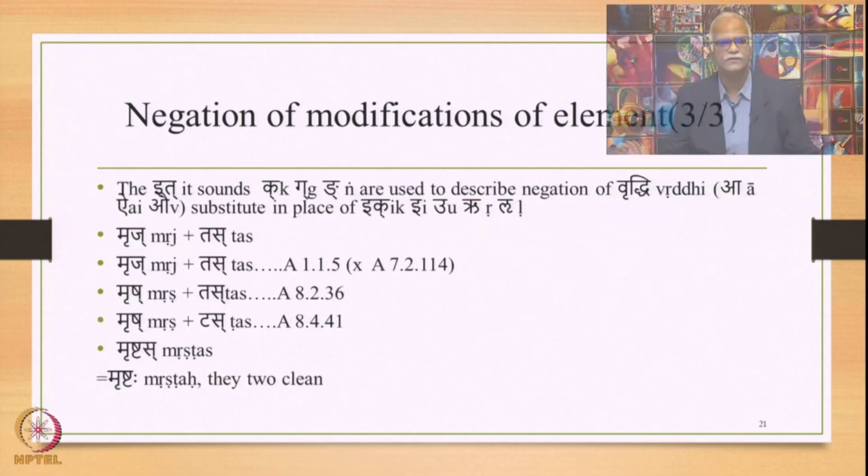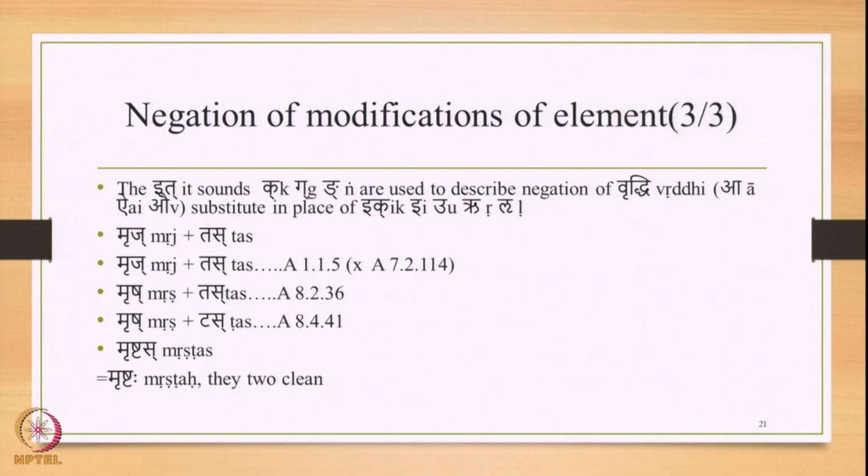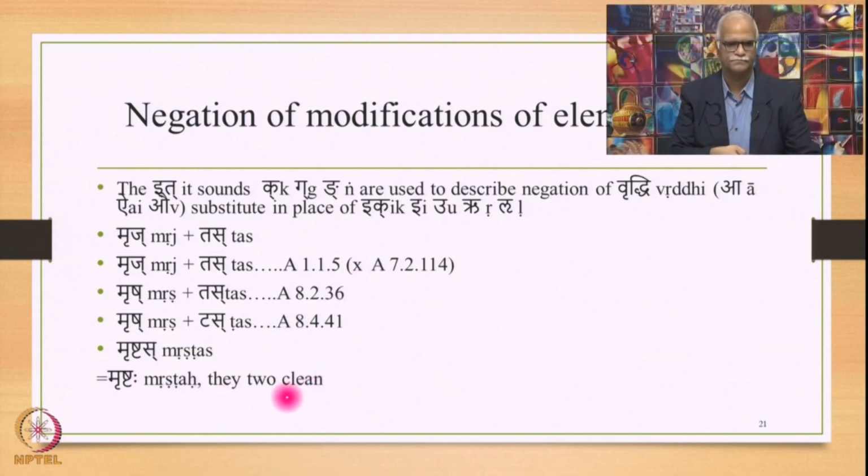And now let us look at the example where the markers prohibit the vriddhi, and there is one example here. This is the verbal form mrishtaha, they too clean. This begins with mrij followed by the suffix tas. This tas is marked with the it sound ng, and now this will cause the negation of the vriddhi substitute in place of this r.